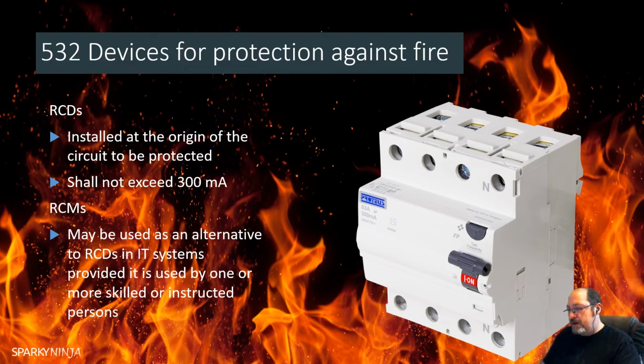So 532, this is devices for protection against the risk of fire. We've got, in locations where, in accordance with chapter 42, that was protection against thermal effects, a particular risk of fire exists, preventative protection measures against the risk of fire are required. This may also apply to other locations of the electrical installation depending on risk analysis.